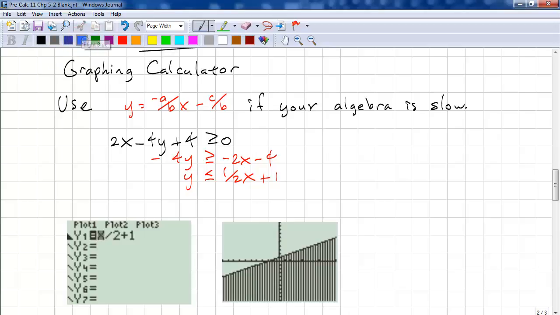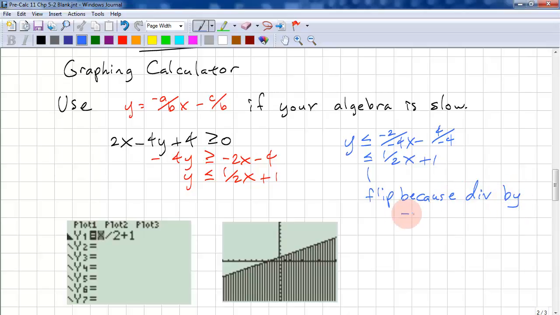If we're using the formula, we have y is less than or equal to minus 2 divided by minus 4 x, minus 4 divided by minus 4. So this is less than or equal to 1/2 x plus 1. Two negative signs cancel, two negative signs cancel, and we're flipping the sign because we're dividing by negative b. B is negative.